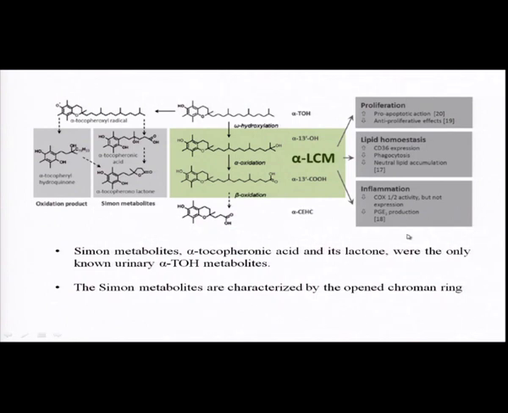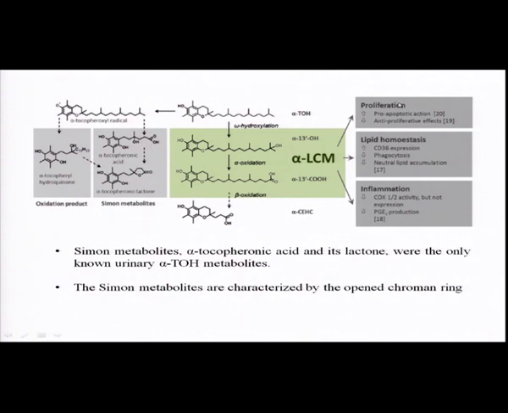This is what we consider the anti-proliferative effect, and then you have what we call lipid homeostasis, and the other one is their role in inflammation. So what is this trend all about, vitamin E? People are doing a lot of clinical trials to use this as an adjuvant in cancer chemotherapy and for people who suffer from inflammatory conditions.